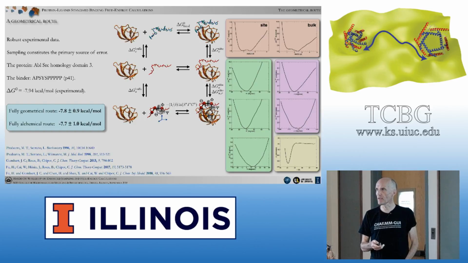Conversely, if the ligand is buried in the binding site, let's say in a GPCR, like beta adrenergic receptor, and the ligand is deeply buried in it, then of course the geometrical route is not going to work for the reasons that Jerome mentioned yesterday, of these orthogonal degrees of freedom that will stymie the extraction of the ligand from the binding site.